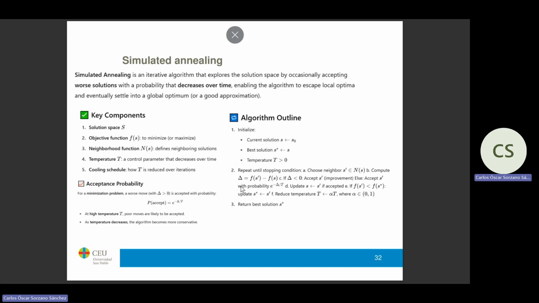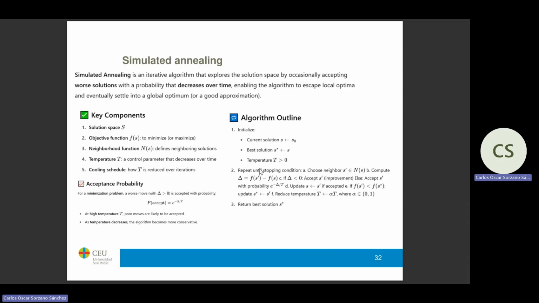Okay, so the algorithm goes like this. You start at some solution, you keep track of the best solution so far, and your temperature is very high. Then you choose a state that is accessible from your current state and compute the change.